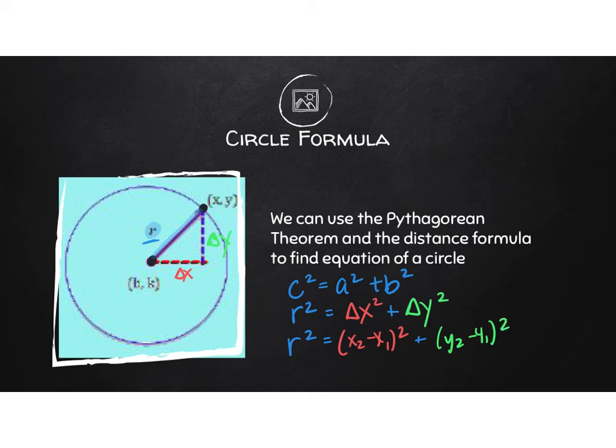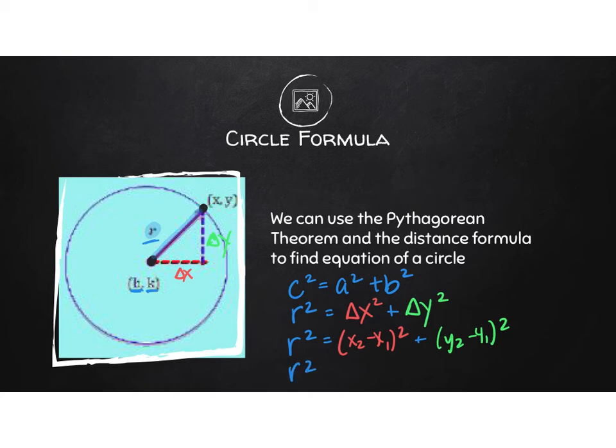Based on the information here, we're calling the center of our circle h, k. So instead of x1 and y1, I'm going to call it the center, h and k. It will end up looking like this.